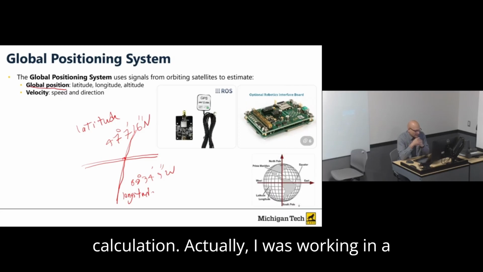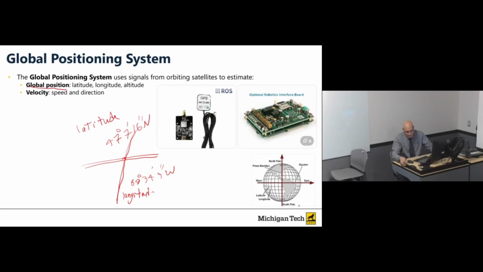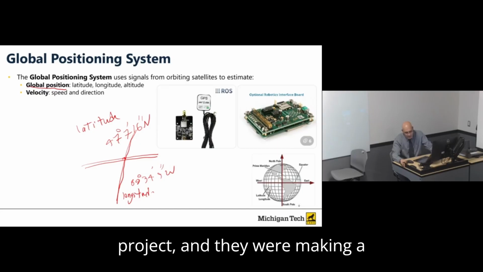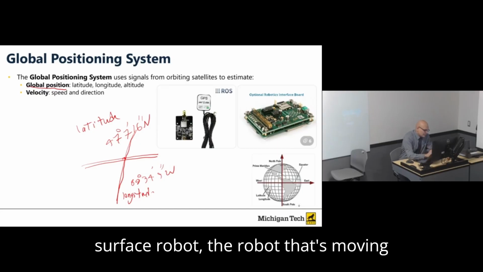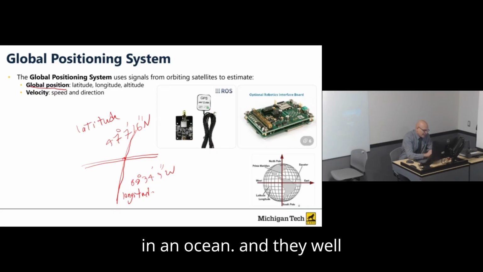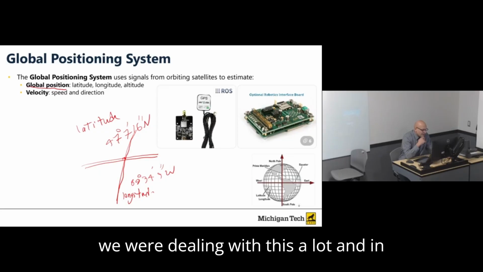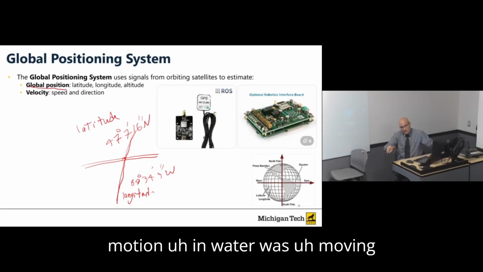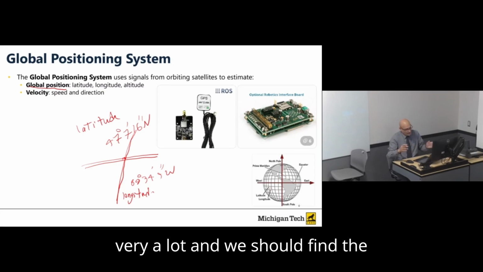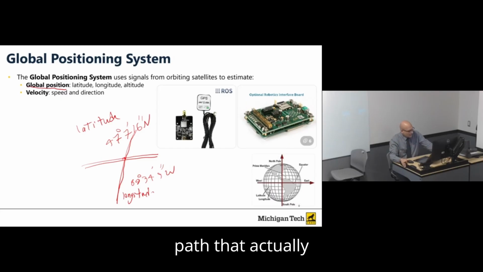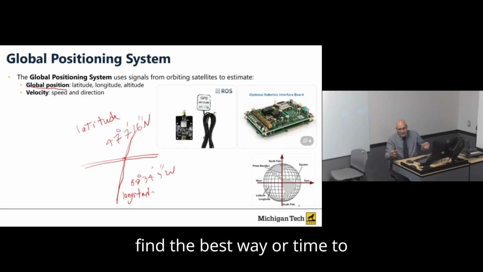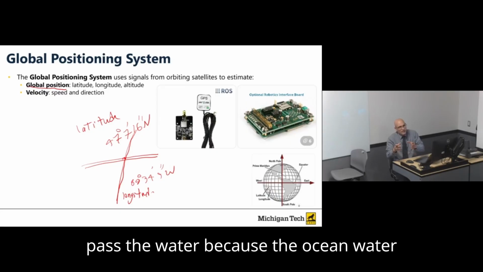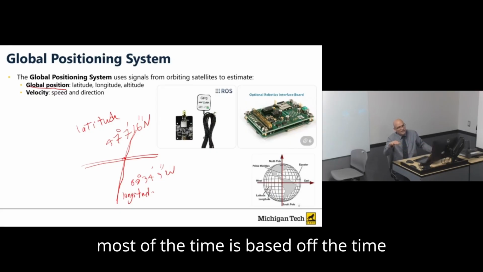It needs lots of calculation. Actually, I was working on a project making a surface robot, a robot that moves in an ocean. And we were dealing with this a lot. In that area the water was moving a lot, and we had to find a path that finds the best way or time to pass the water, because ocean water motion is most of the time based on the time.